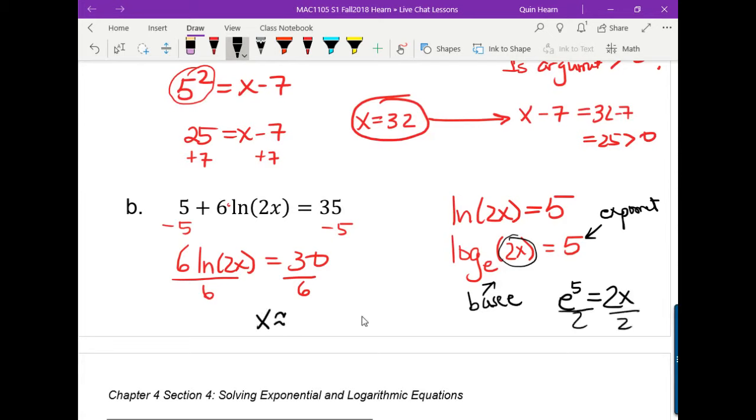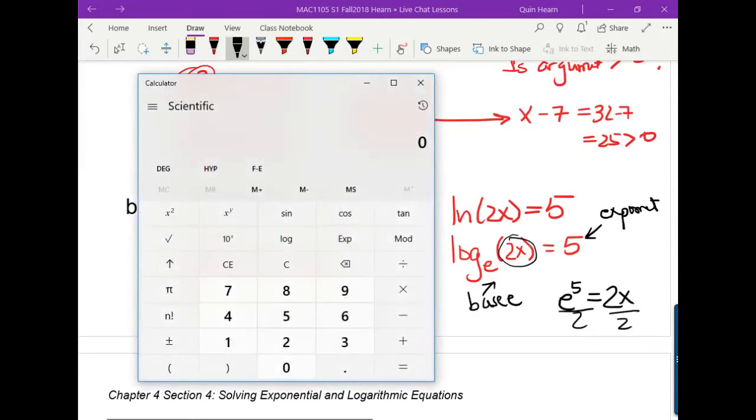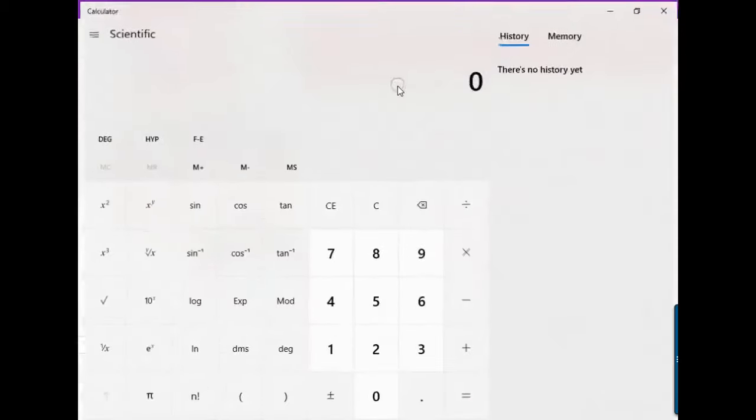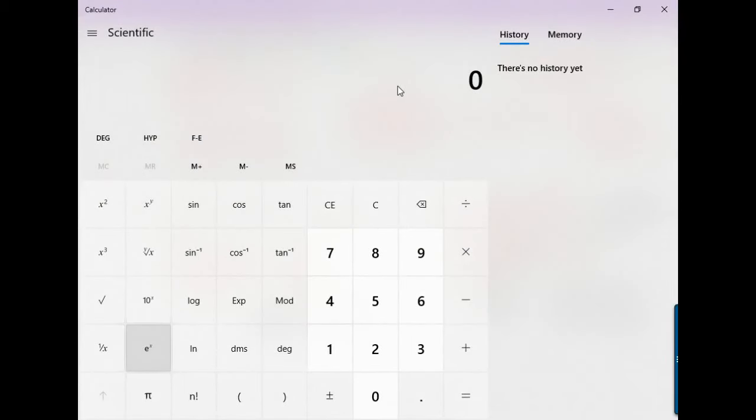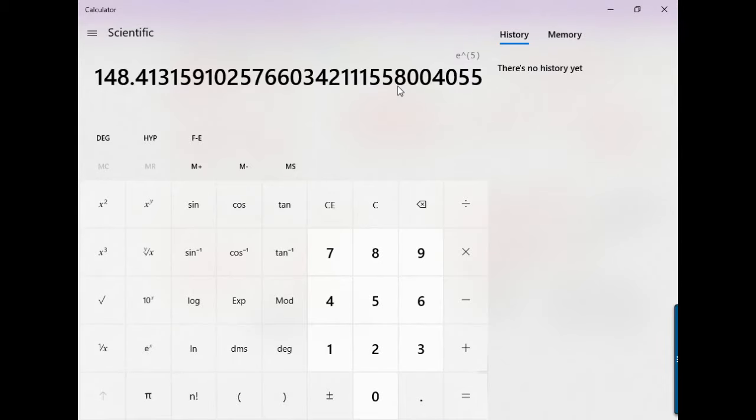All right, now the log equal to a number form is what we have, and we want to rewrite it in exponential form. But to do that, you need to remember that the natural log really means log base e. So we have log base e of 2x equals 5. So the base is e, and we take the log, the number we get is an exponent, so the exponent is 5.